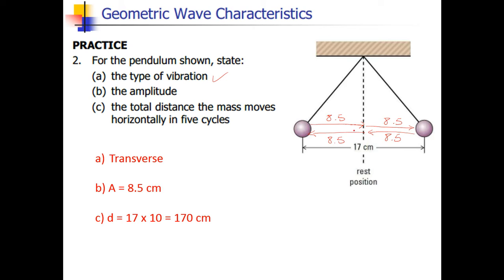So you can see here, one cycle would be 17 times 2. So 5 cycles would be times 10, and then we get our 170.